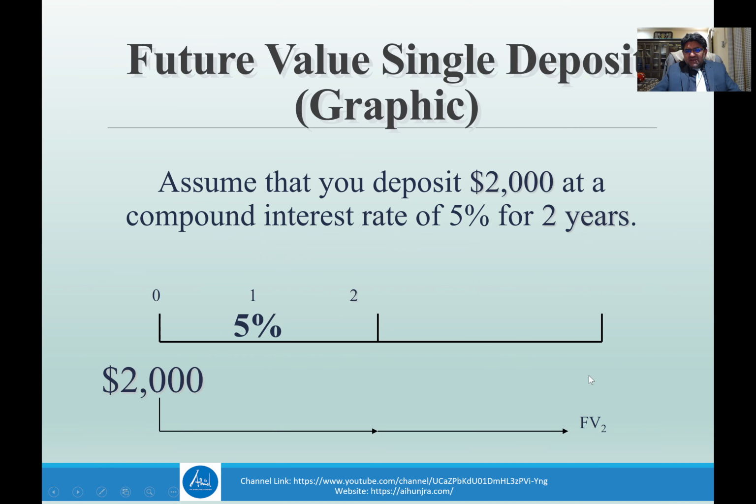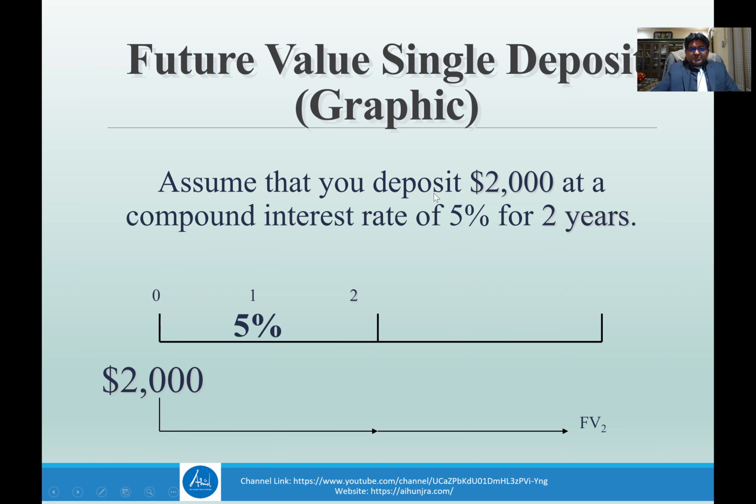So we will calculate the future value at the end of 2 years. So here will be the future value. There are 4 components as I have explained. One is future value, second is present value, third is interest rate, fourth is number of time periods.